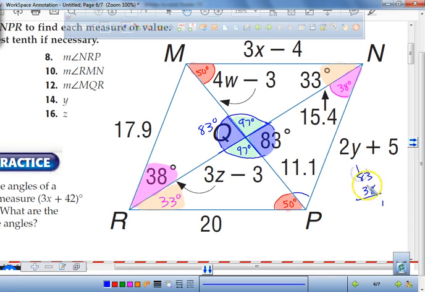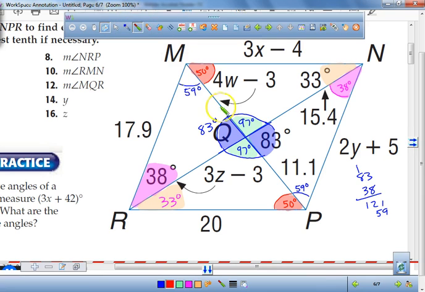That gives you 121. What's that going to give us? 59, right? So right here, I want you guys to write 59 degrees, and right up here also put 59 degrees. So we have 59 degrees in all of those corners.